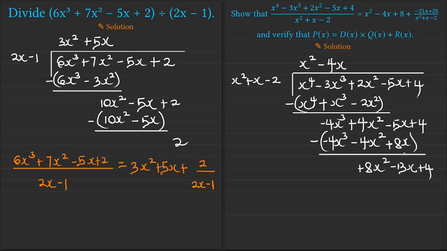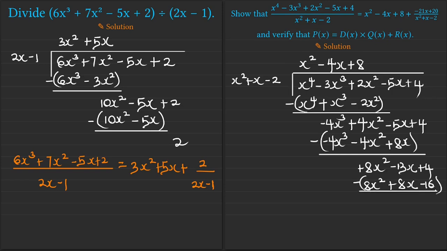Then we start the whole process again. 8x squared divided by x squared would give us a positive 8. So the positive 8 times x squared gives us 8x squared. Then x times 8 gives us a positive 8x. And then our negative 2 times 8 gives us a negative 16.